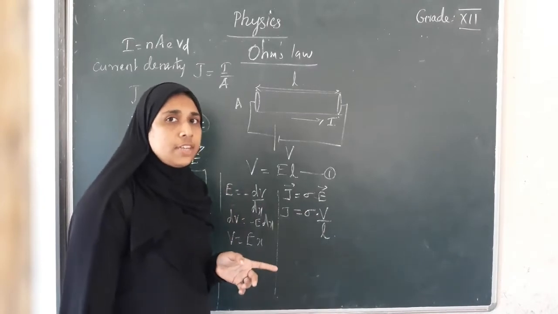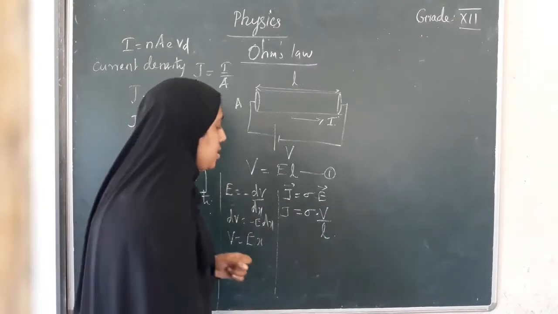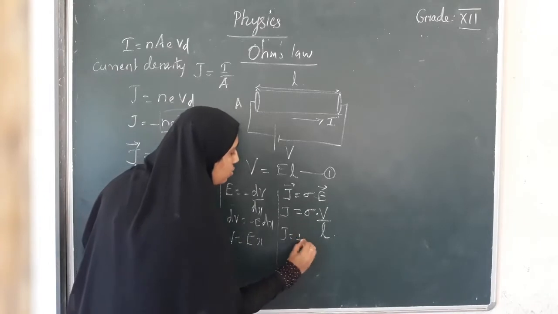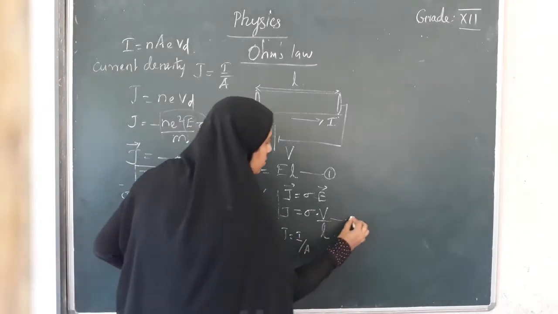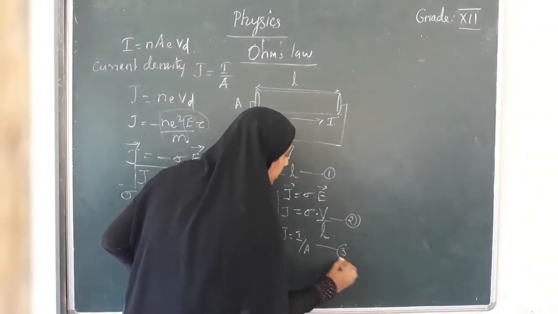Already we know the general definition of current density, that is J equal to I by A. So compare equations 2 and 3.